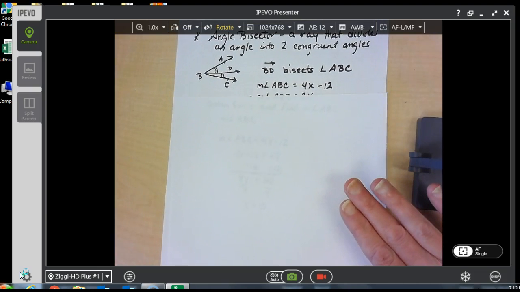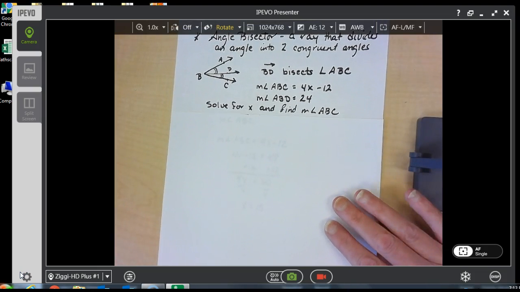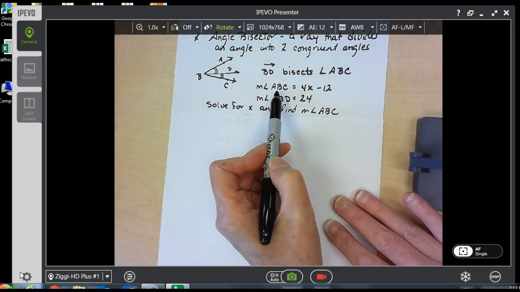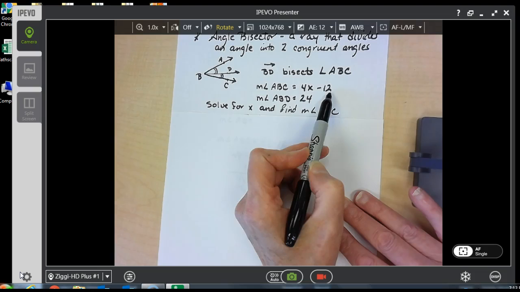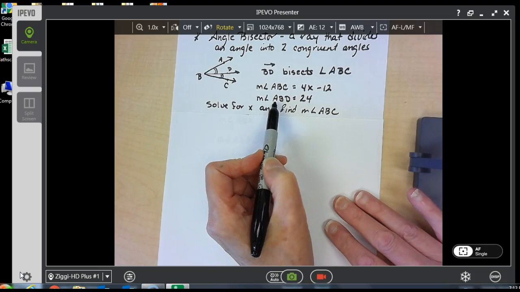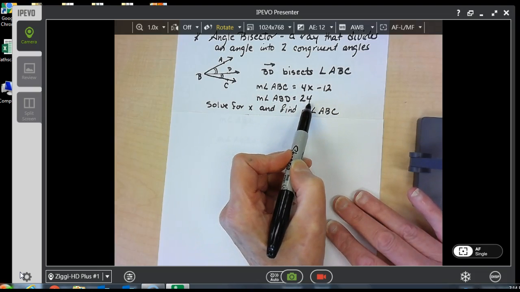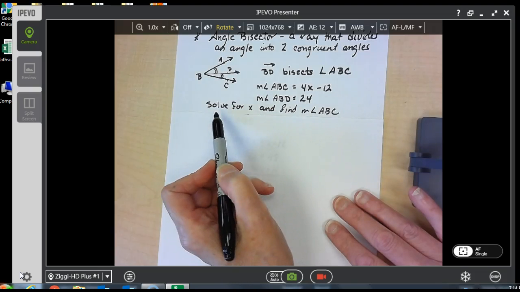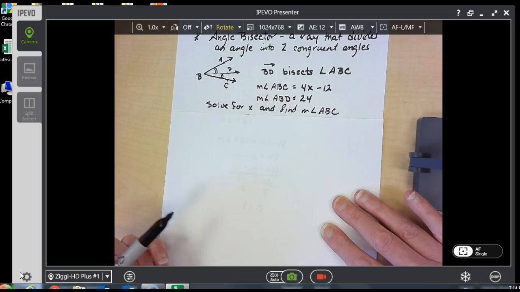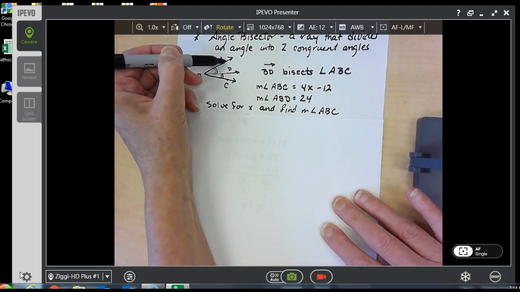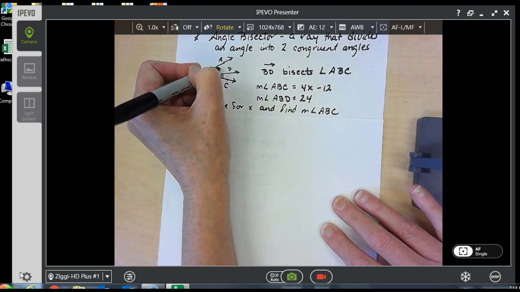So, an example of a problem in this section would be: the measure of ABC is 4x minus 12. Measure of angle ABD is 24. Solve for x and find the measure of angle ABC. So I know ABD is 24.